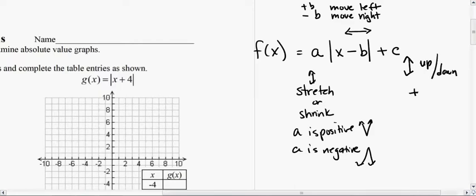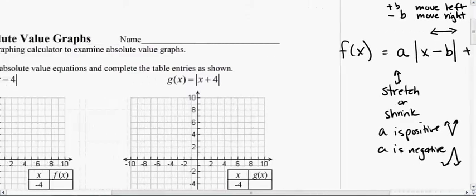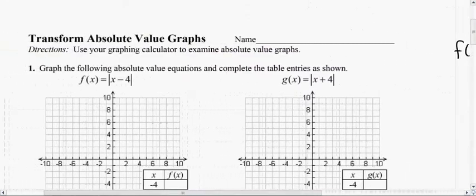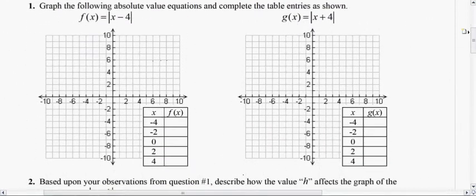And if you're adding, it moves the graph up, and if you're subtracting, it moves the graph down. So we'll be able to tell pretty much right away, just by looking at the graph or at the equation, where the graph is going to end up, and we'll use the table of values to decide very specifically where it's going to end up.